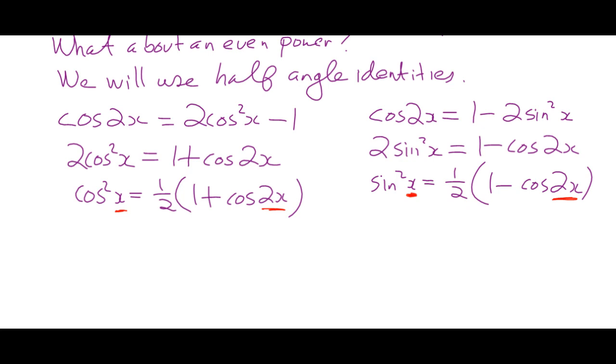Okay, so using those, let's get to a new page. Evaluate. So evaluate means find out the value, right? So we've got a definite integral going from 0 to pi of sine squared x dx. So where do we start?